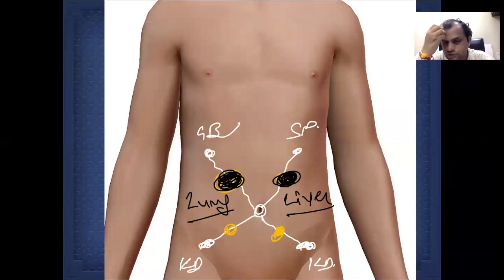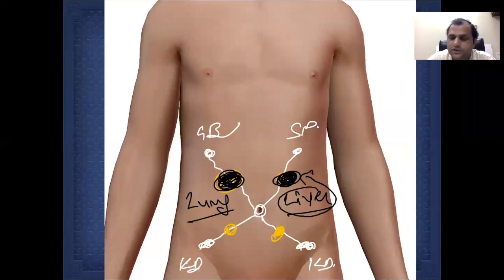I am telling you once again, the diagnostic area of the liver is on the left side, because after every class, a few participants ask me whether I am wrong, because sometimes people think that by mistake I am taking the liver on the left side and I should take it on the right side. The organ is in the right side of the body, but as per the energy concept, this diagnostic point of the liver is available on the left side only.